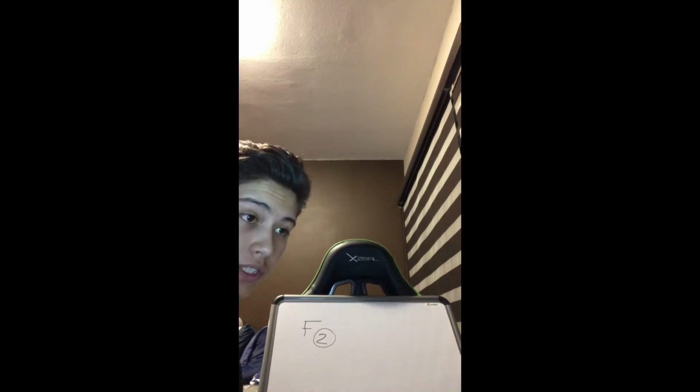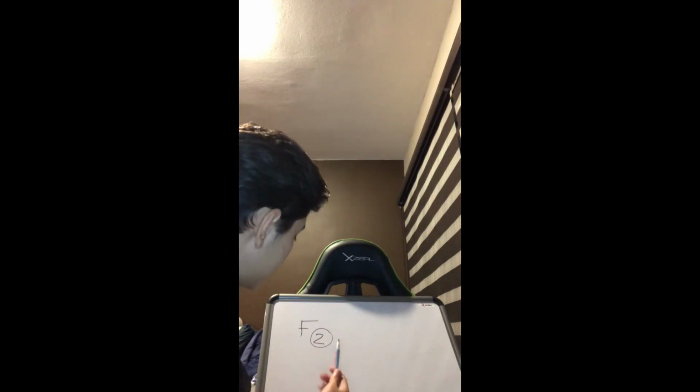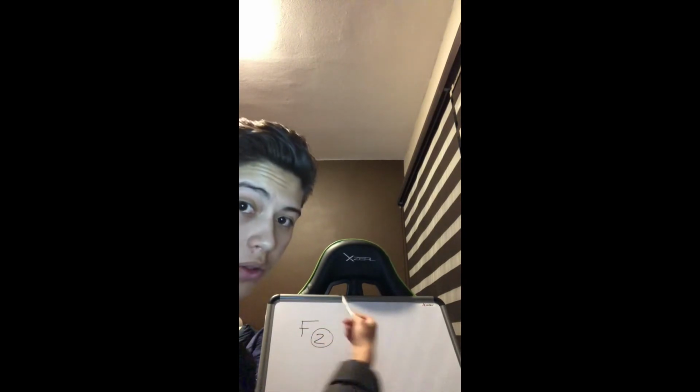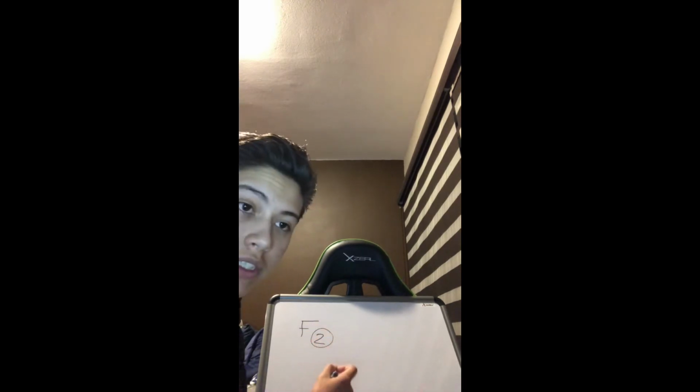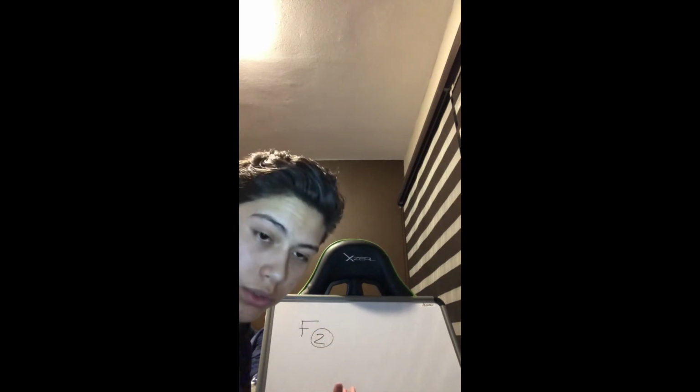For our first example of the octet rule, we are going to use fluorine. As you can see, we have F2, where this number 2 means that we have a fluorine plus another fluorine. Now we are going to go to our periodic table and see that fluorine has 7 valence electrons.